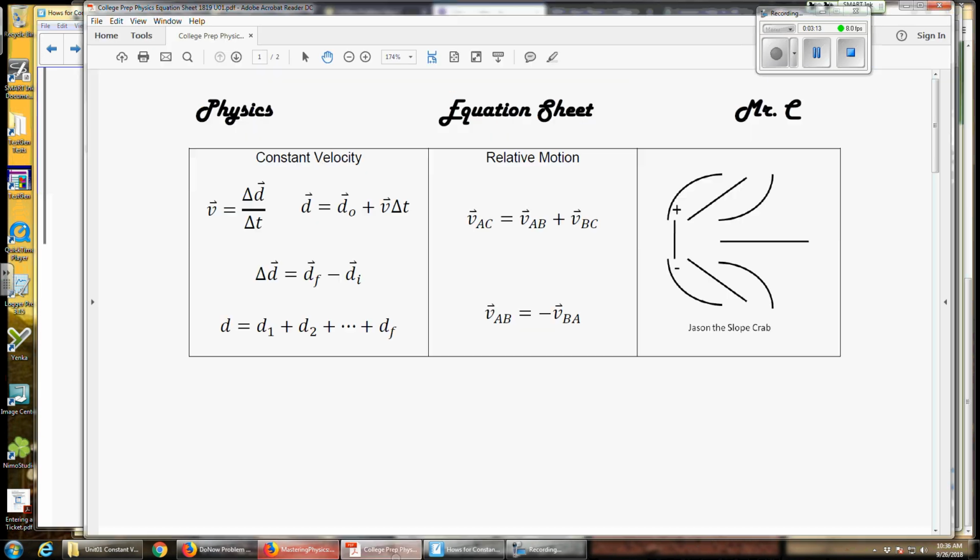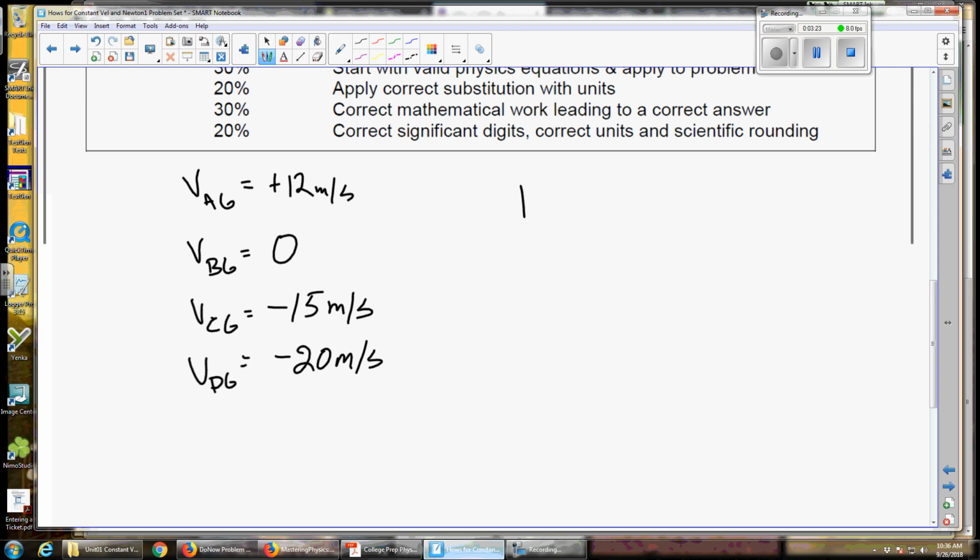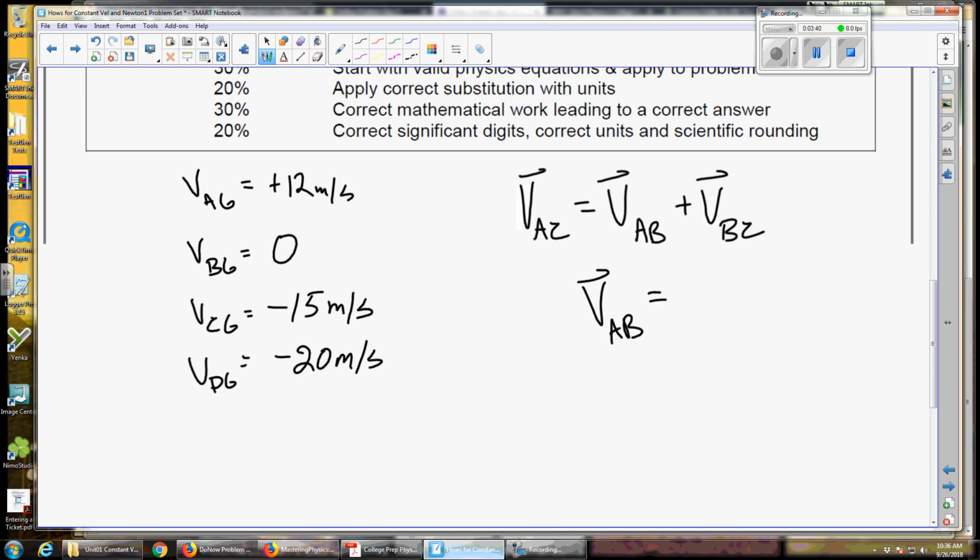And then I'm going to look at my equation sheet for my valid physics equations, which are these under relative motion here. And I'm just going to transcribe those so I have them right here. This is exactly what I would be looking for if you were being evaluated on this problem solving.